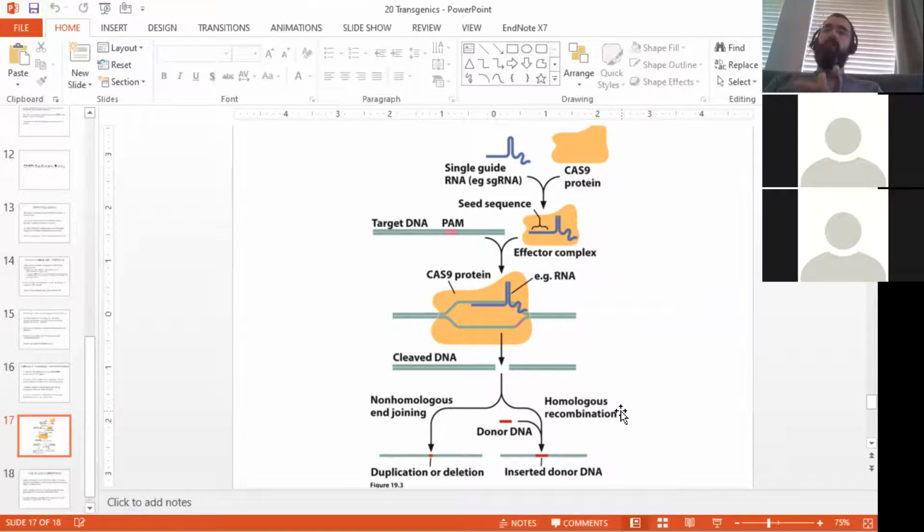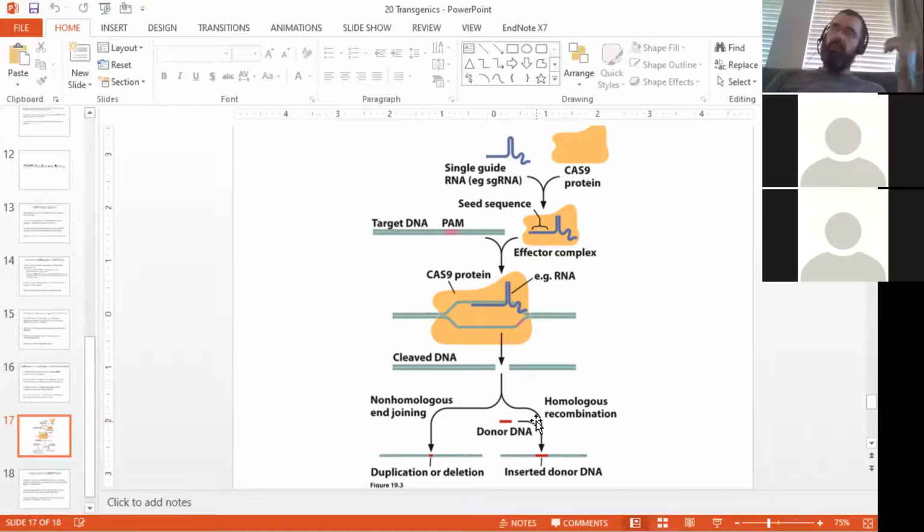And so now what happens is when you create this double-stranded break, now when the cell's like, oh no, this is bad. Now it scouts around and says, oh, I've got a matching bit of DNA that I could use to fix this, right?